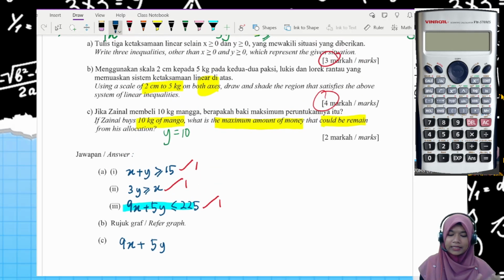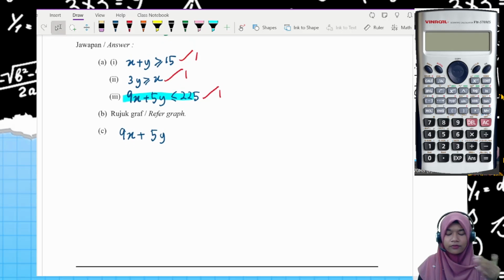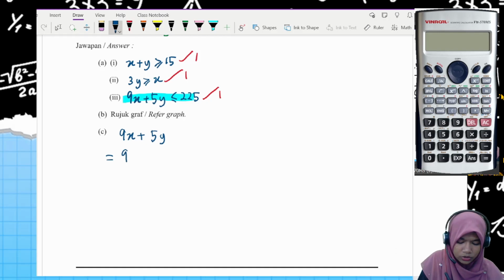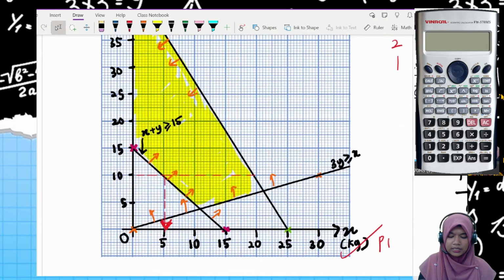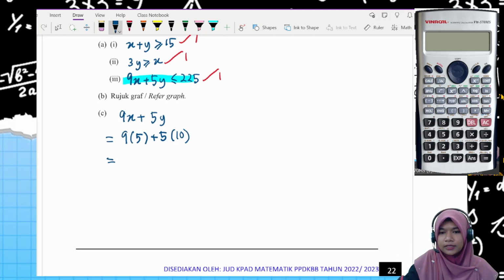When he buys 10 kg of mango, y equals 10, and just now you found that x equals 5 when y equals 10. So 9 times 5 plus 5 times 10.